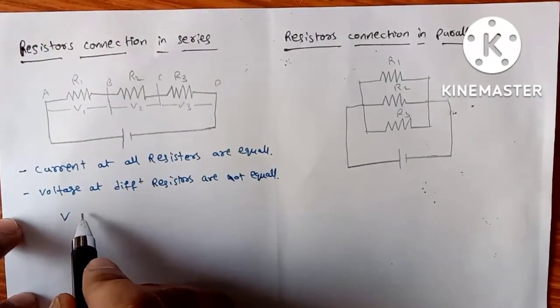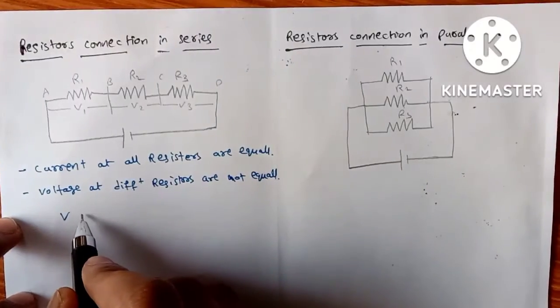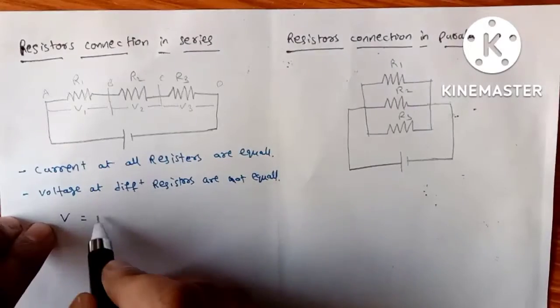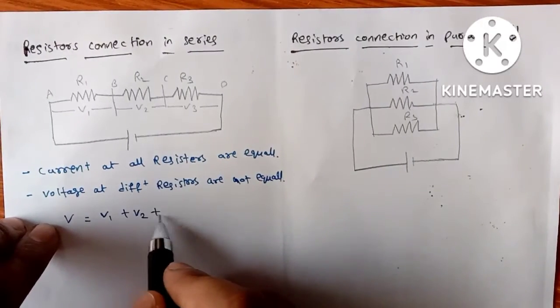The voltage is divided in series connection in such a manner that the total voltage equals V1 plus V2 plus V3.